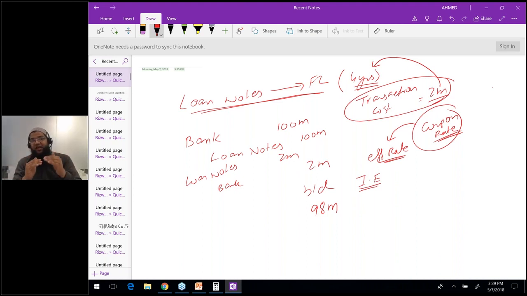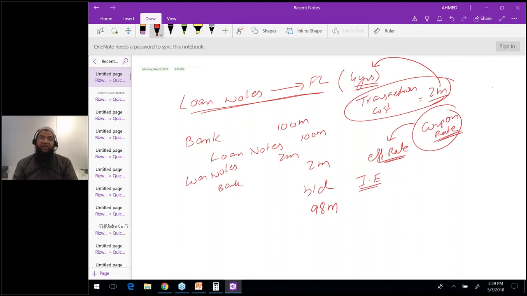So the effective rate ensures that apart from the interest, the transaction cost is also recorded in the interest expense amount. It incorporates the interest paid, any discount, any premium we are going to pay, and any transaction cost that we have incurred.